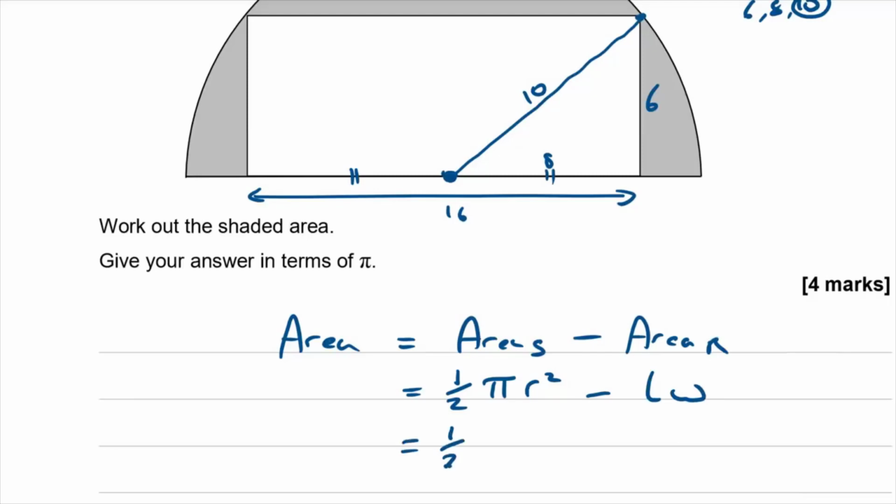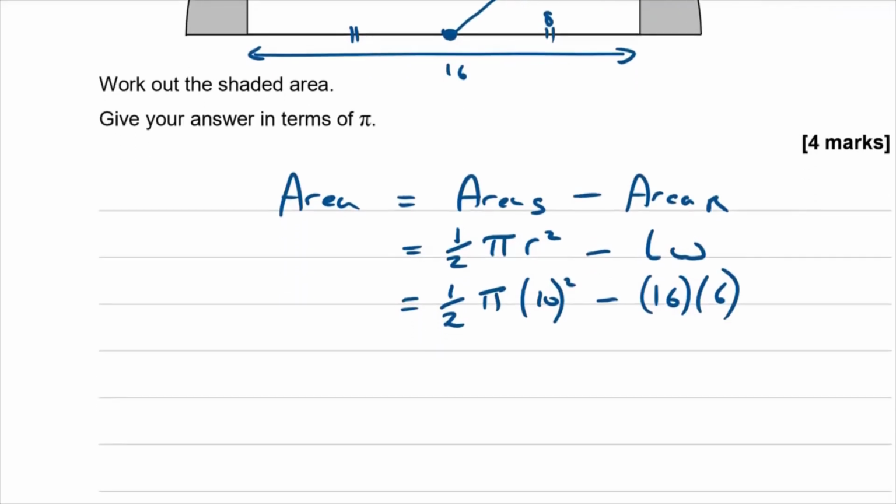Subbing in what we know, that's half pi, we worked out that the radius was 10, and the length and width of the rectangle is 16 times 6. So 10 squared is 100, divided by 2 is 50 pi, minus 16 sixes. What's that then?